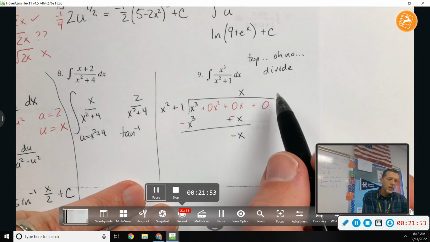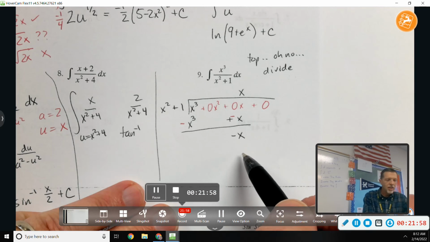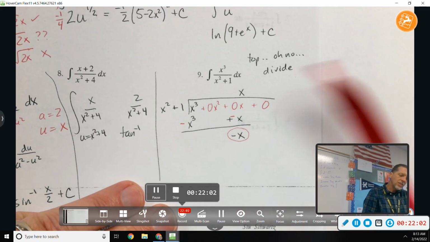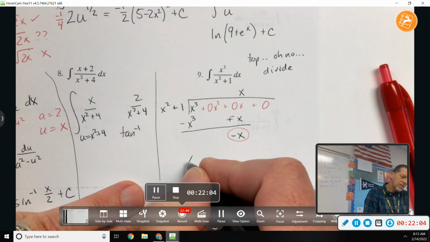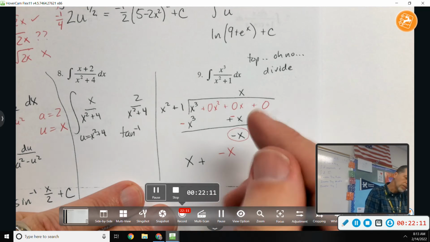Now, this was a quick divide problem because there's nothing that I can do times x squared to get me to x. So what do I do with this leftover remainder piece? Yep, it goes over what we were dividing by.